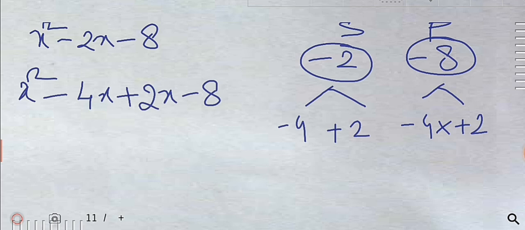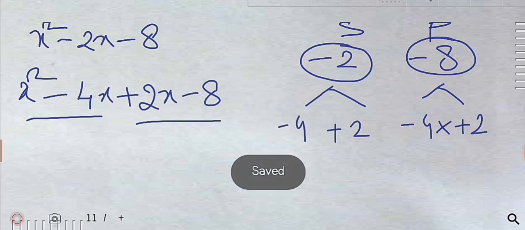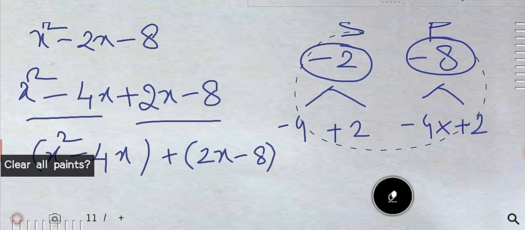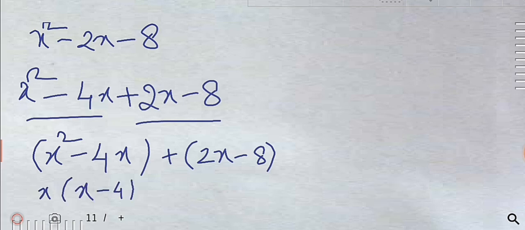Now grouping these two terms and these two terms, what will you get? x square minus 4x is one group, plus 2x minus 8 is another group. From the first two, you can take out x common. x into x is x square, x into minus 4 is minus 4x.